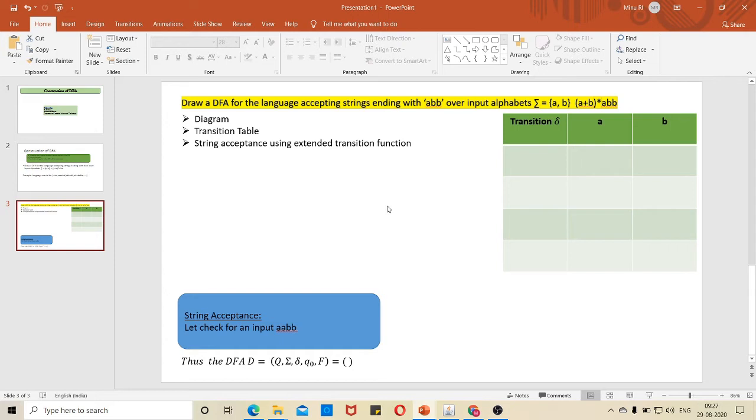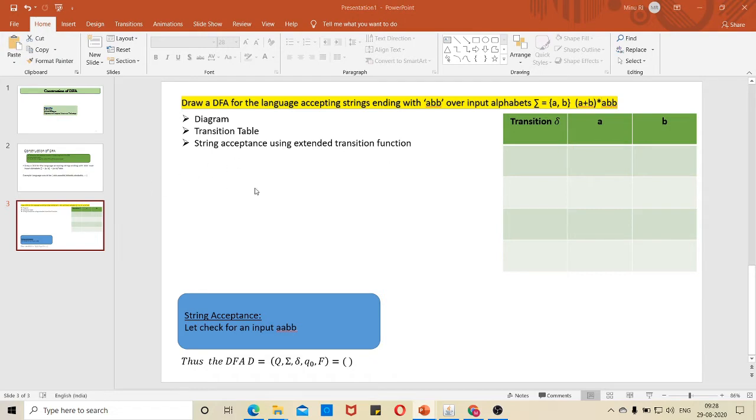For university exams, if you are solving this kind of problem as an objective question, it can be done easily in any mode. But if you are writing for a university exam and this problem is asked, you have to write three important parts. First is the DFA diagram, second is the transition table, and third you have to write the extended transition function for an input string.